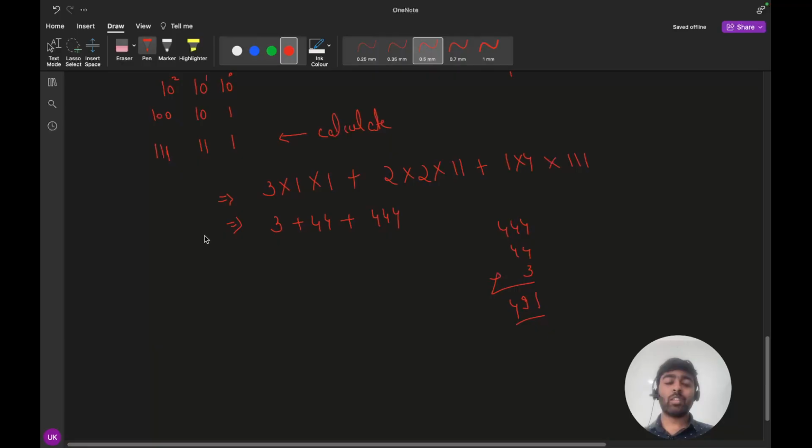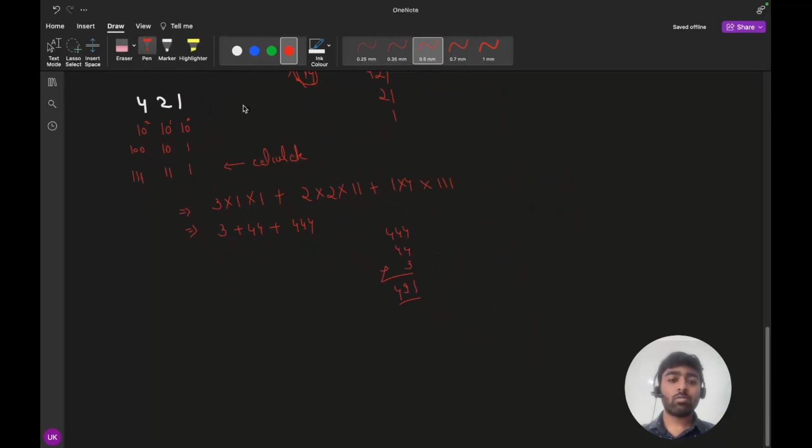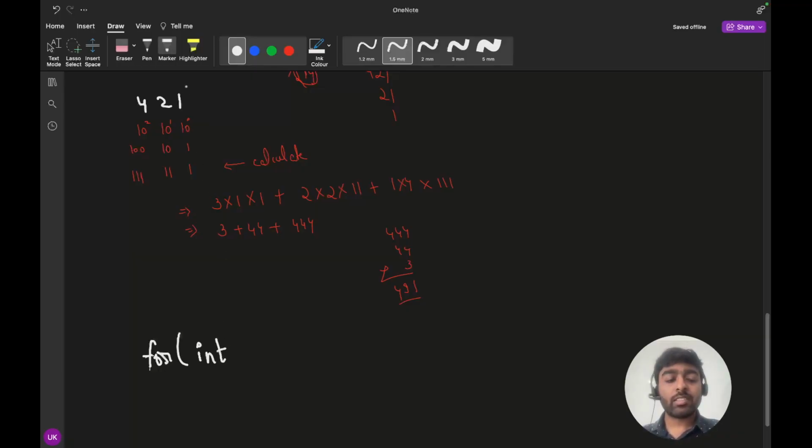So I hope the thing is clear. Let's write the pseudocode for this. I will run a for loop for finding the contribution at each place. Since it is a string, I will start from the last index, so it is n minus 1.